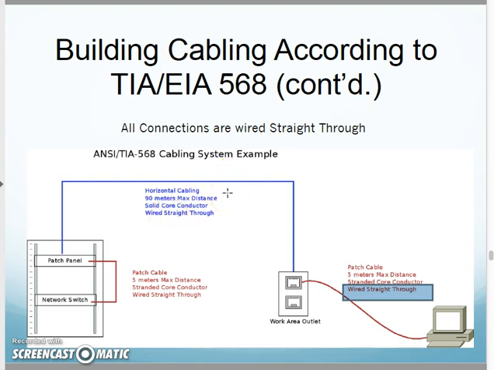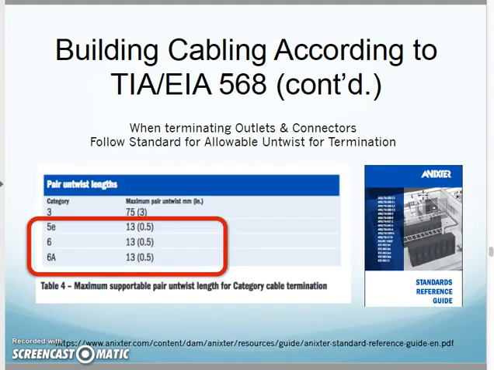What that means, the book talks about having things wired pin 1 to pin 1. Absolutely. Pin 1 on this end is wired to pin 1 on the other end. This whole system is designed for a user, a computer, to hook up to a switch port. That's what it's all designed for. So all this needs to be wired straight through from the user, the whole way through, patch cable, horizontal cable, patch cable, into the network port on the switch.